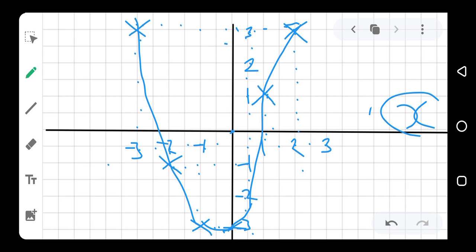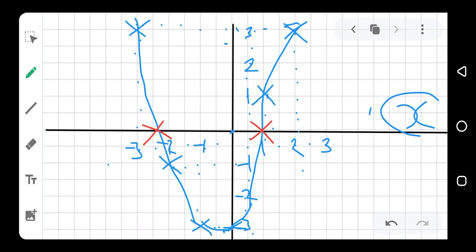Now for this graph, for us to find the root of this quadratic equation, the root is where the curve touches the x-axis. So we come to this side and check where it touches the x-axis, this place. We mark it, and where it touches the x-axis on this side, we mark it, and that becomes the values for the roots of the quadratic equation.